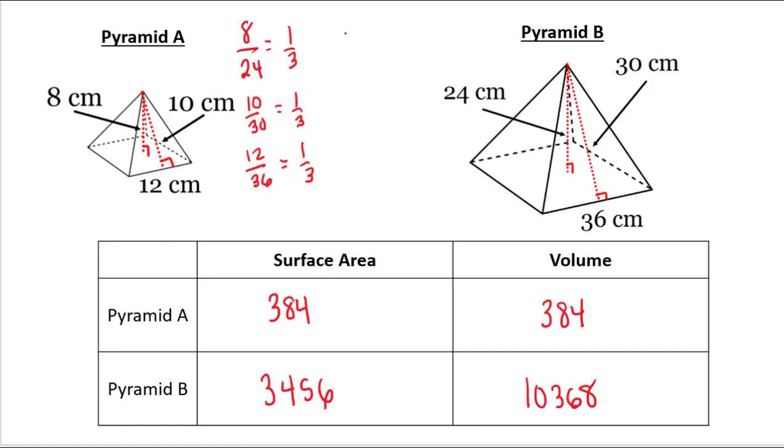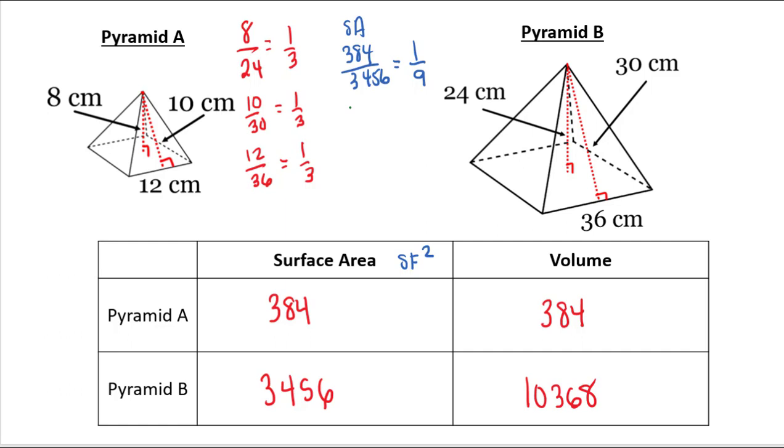Let's look at the fraction of these surface areas. 384 divided by 3,456. I reduce that in my calculator and I get 1/9. So the surface area ratio is the scale factor squared.